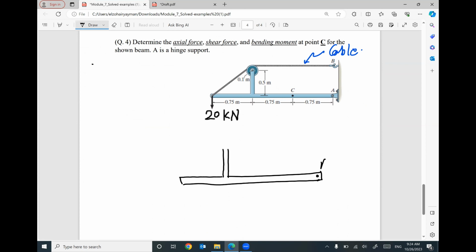At this hinge A, I have two reactions, YA, XA.